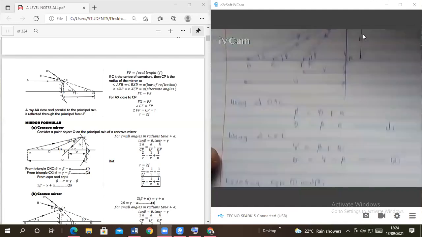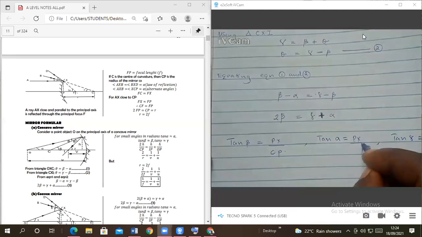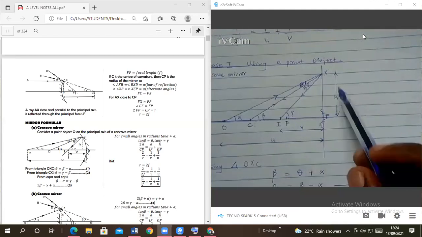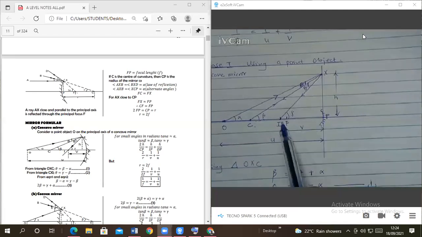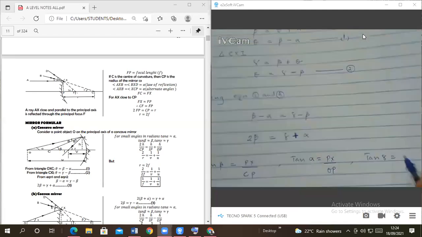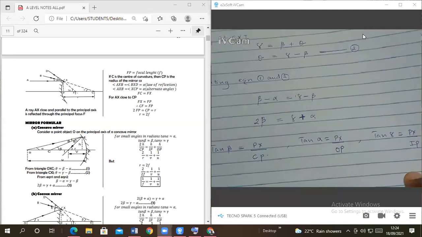Yes, we shall say PX over OP. And then tan gamma is equal to PX over IP. So it is PX over IP.